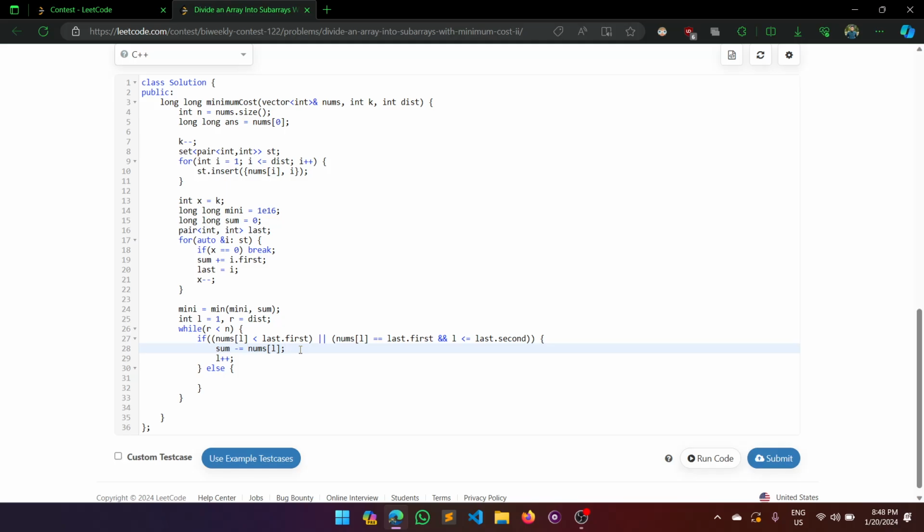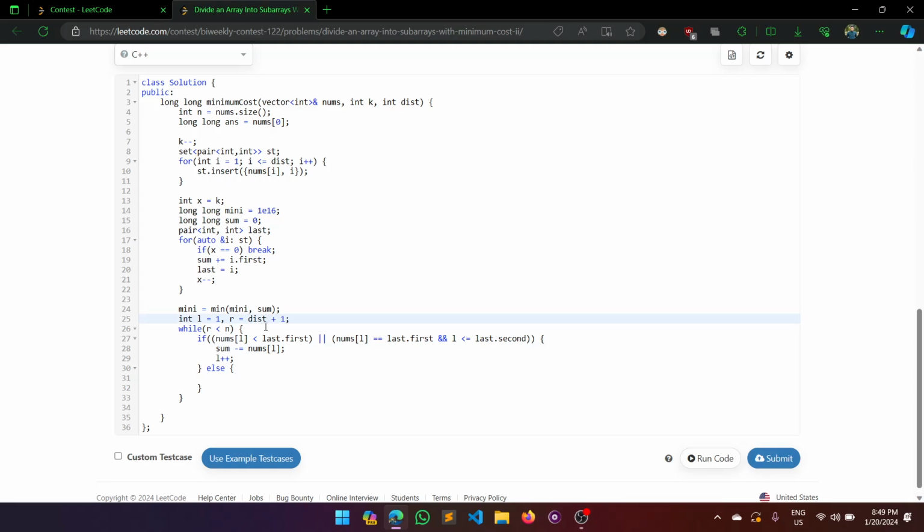Mm, that's a problem. That's a problem, you see, with set. Instead of set, can we use the ordered set? So we can determine the next element that we want to insert.